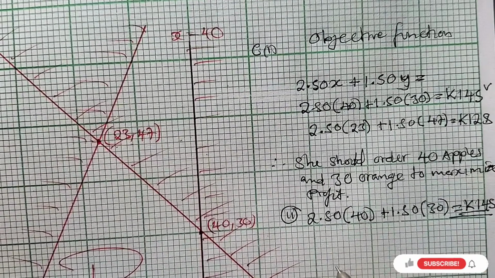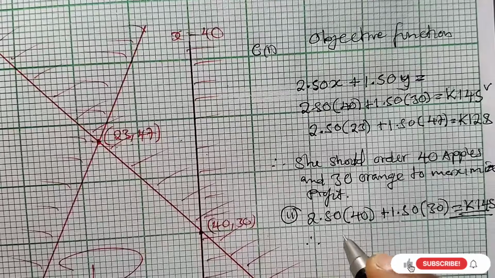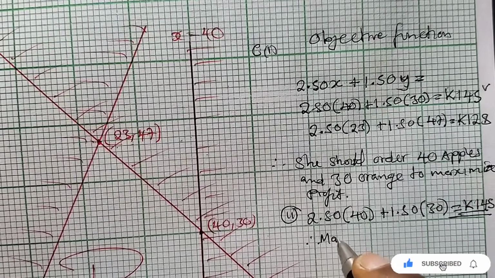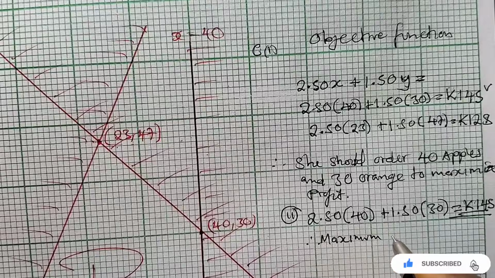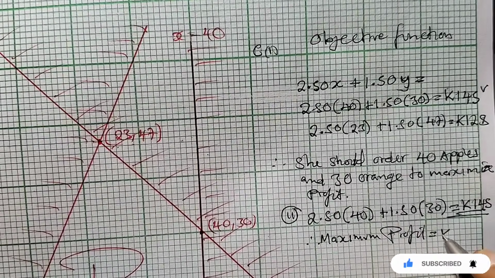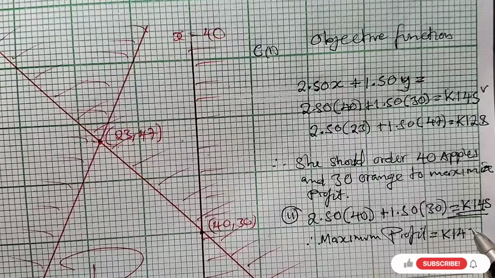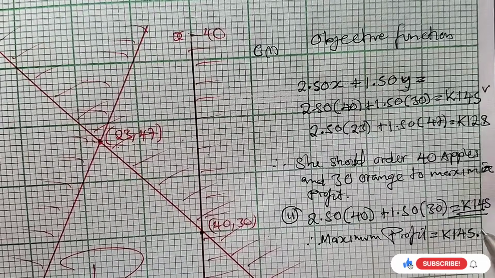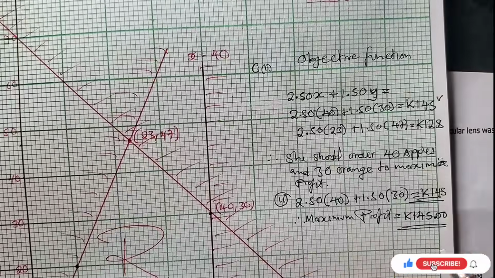Let me just write nicely here because you also have decimal places there. So the maximum profit is equal to 145 kwacha 00 ngwe, and this is the answer.